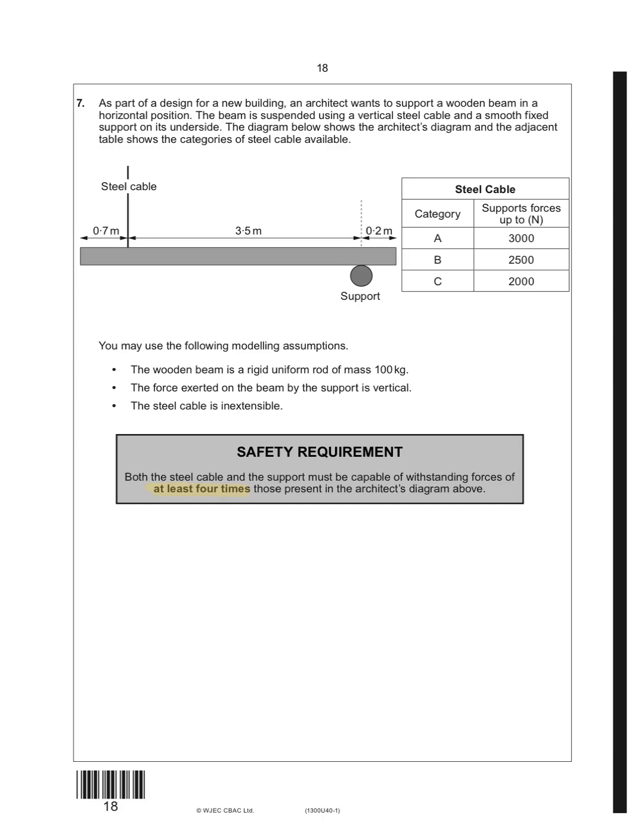I've got my diagram, so what I'm going to do is I'm going to label up my diagram here, and then I'm going to cut it onto the next page. So we've got a wooden beam as a rigid rod of mass 100. The steel cable is inextensible, so there's going to be some kind of tension in there. We're going to have a reaction here at the support.